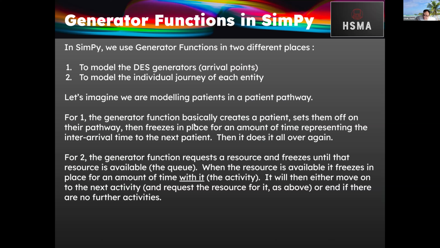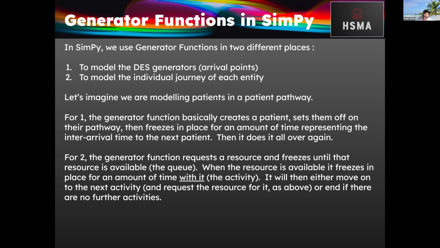So in SimPy, we basically use generator functions in 2 different places. We use generator functions to model, and this is where it gets a little bit confusing, because we talked this morning, there are things in discrete event simulation called generators. There are arrival points. So unfortunately, the names aren't particularly helpful here, but the generator functions can be used to model our discrete event simulation generators, i.e. our arrival points.